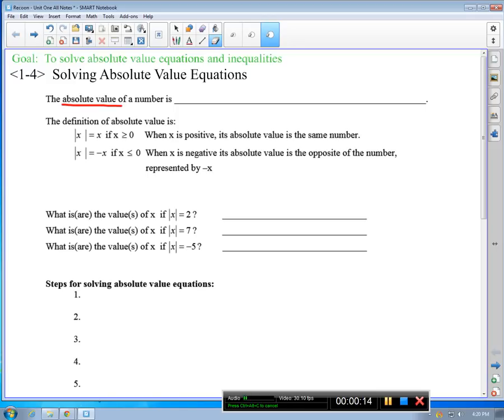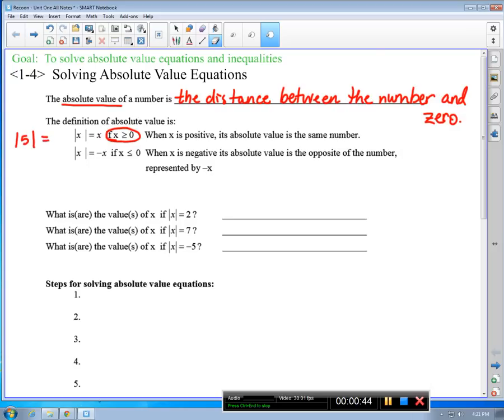The absolute value of a number is the distance between the number and 0 on a number line. So when we look at the absolute value of a number that is greater than 0, for example, the absolute value of 5, we get 5.